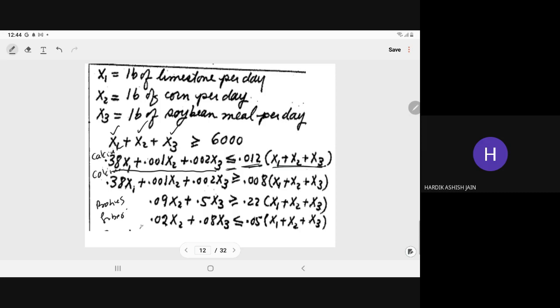Similarly, it must be at least 0.8% of the total. So both constraints correspond to calcium.